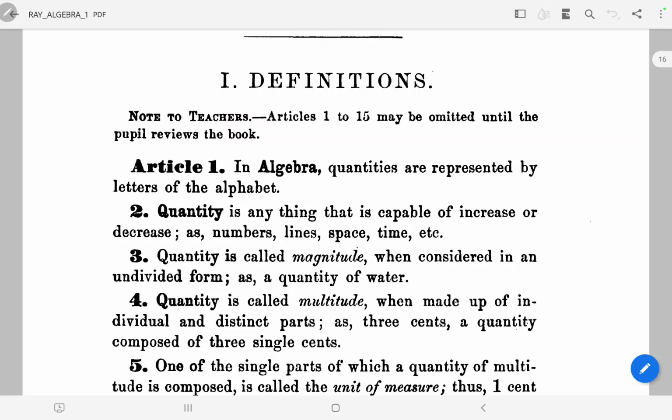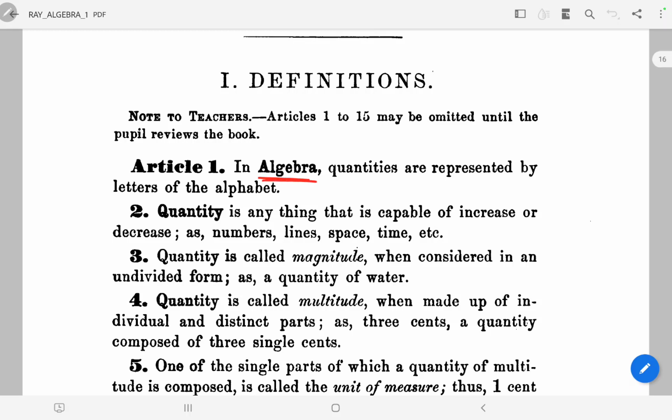So we're going to take some time to carefully study the definitions of these important words to be used in the study of algebra. In this first article, we have not a definition, but a description of algebra itself, the subject of this study.